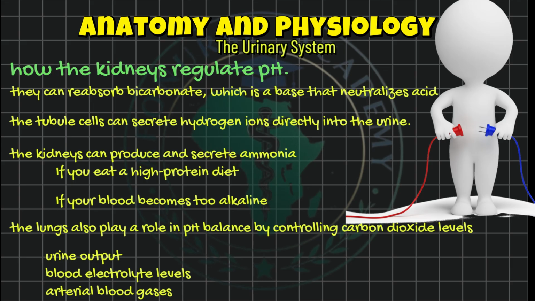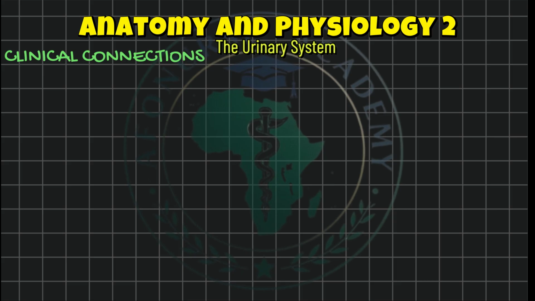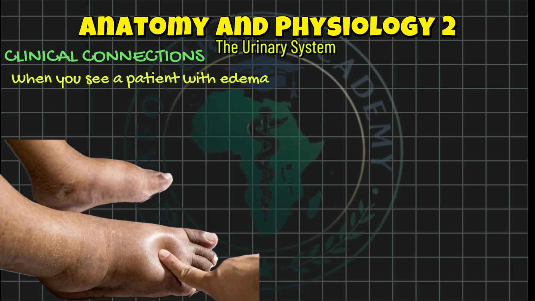Or a patient with severe vomiting might develop metabolic alkalosis, and you'd need to understand how their kidneys will try to compensate. Let me give you a few quick clinical connections to show you how all this applies to your future practice. When you see a patient with edema, that's swelling from fluid accumulation in tissues, you need to think about what might be going wrong with their fluid balance.